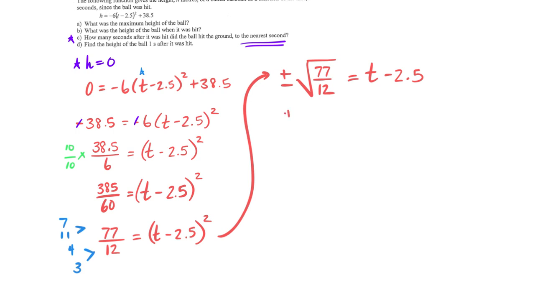Now I'm going to take the square root of both parts of that fraction, which means to take the square root of the top and the bottom. Okay, so now I have plus or minus root 77 over root 12 is equal to t minus 2.5.